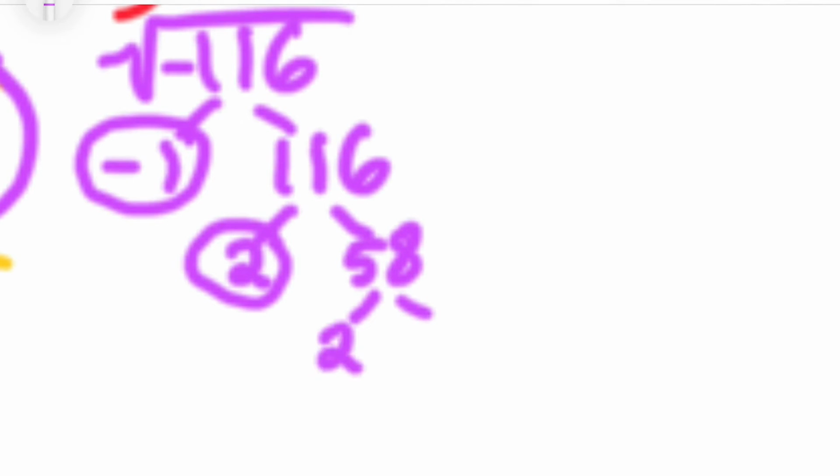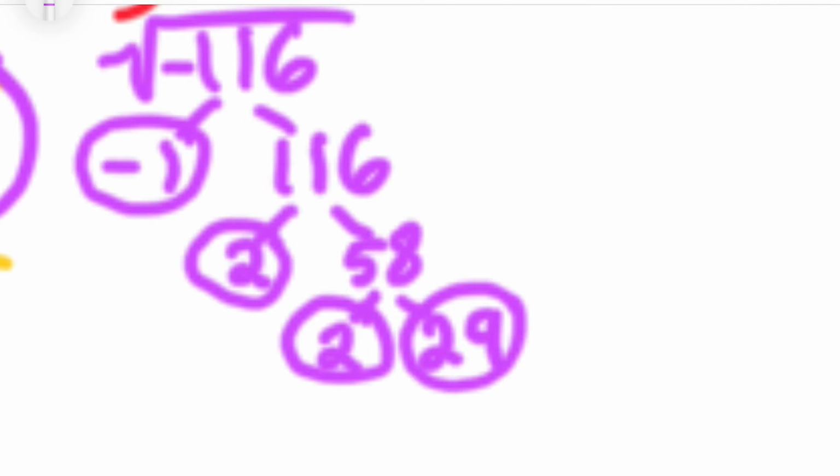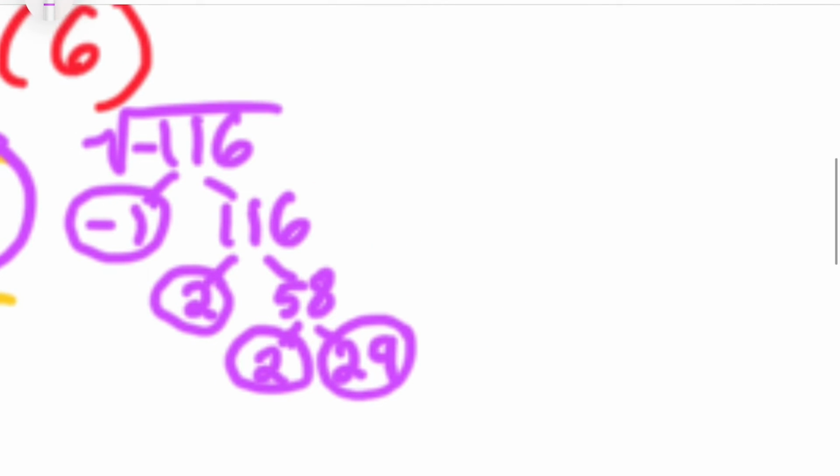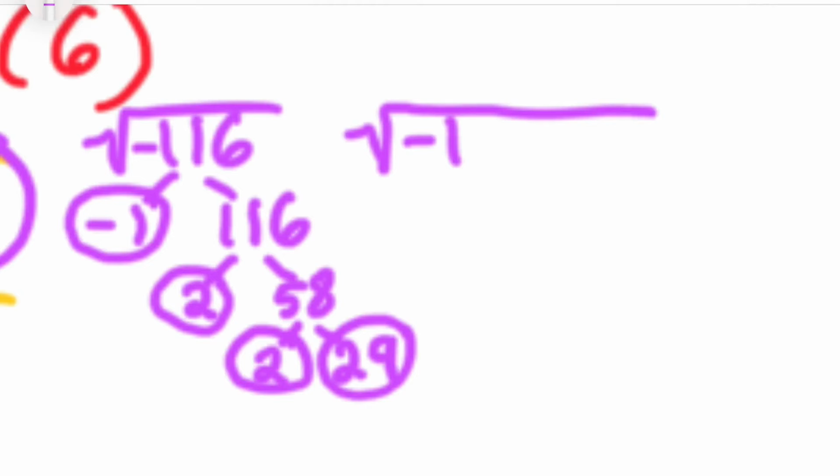So we can separate this out one more time with 2 and 29. 29 is prime and 2 is prime. So we are done. So this square root of -116 changes to the square root of -1 times 2, 2, times 29.